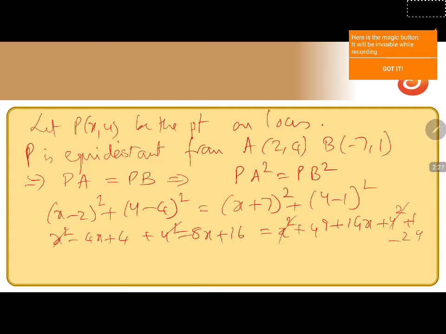Simplify. 16 plus 4, 20 minus 4x minus 8y is equal to 14x minus 2y plus 50.